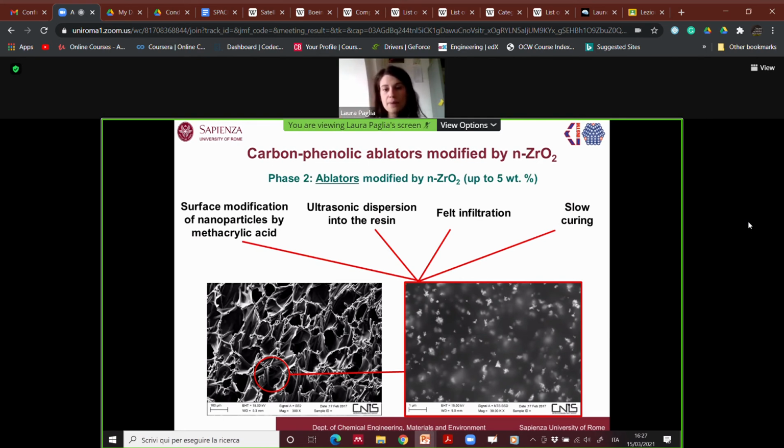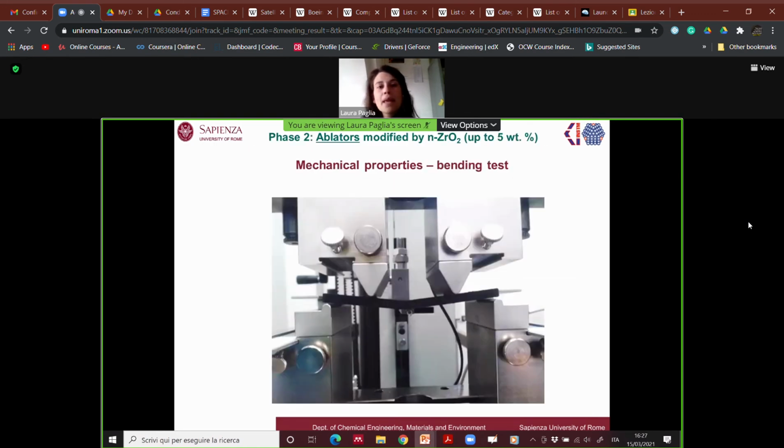And then we also observed the distribution of the nanozirconia inside the resin. And so we optimized the method with which we can obtain this good distribution of the nanoparticles, even if we always have some small agglomerates of nanoparticles, which is quite a standard situation when you use nanoparticles.